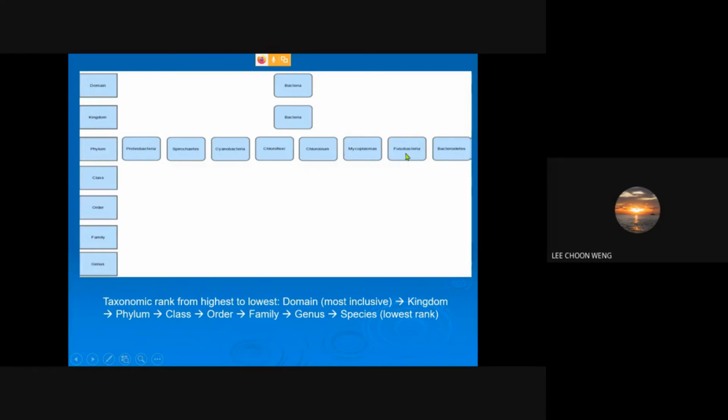Fusobacteria and bacteroidetes. So these three are more likely to be found in anaerobic microbiology. So anaerobic microbiology is a microbiology field that focuses on anaerobes.